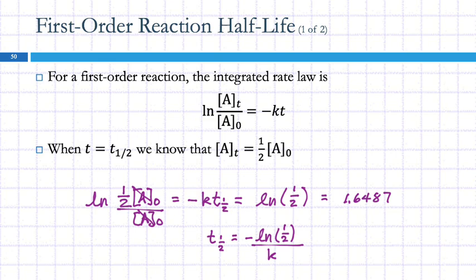I figured it out. The natural log of 1/2 does not equal this. How many of you saw that on your calculator, but just didn't want to say anything? You trust me. Okay, don't trust me that much. That's wrong. 0.693.